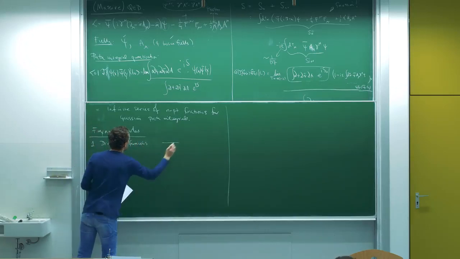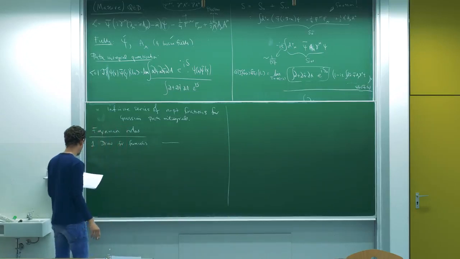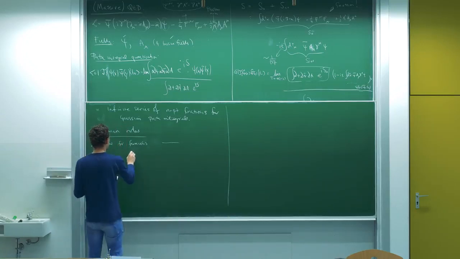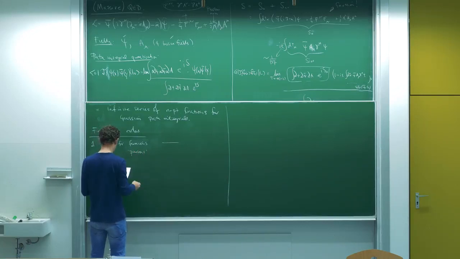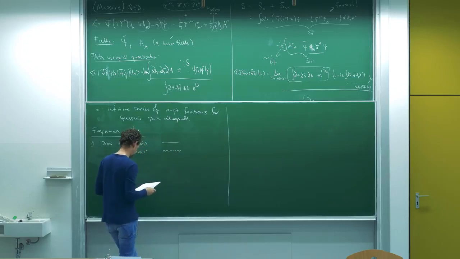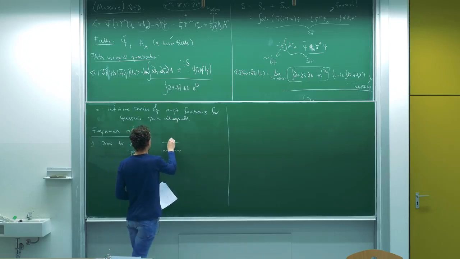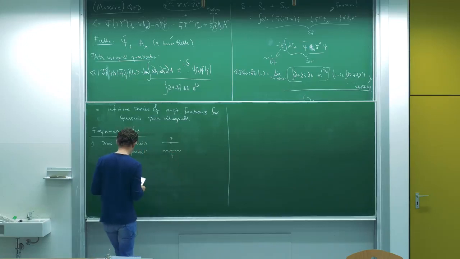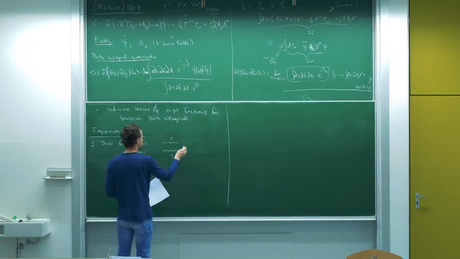You draw for fermions straight lines, for photons with mass, you draw wavy lines. You label them with momenta, and also with indices, mu, well, A I guess we'll use.